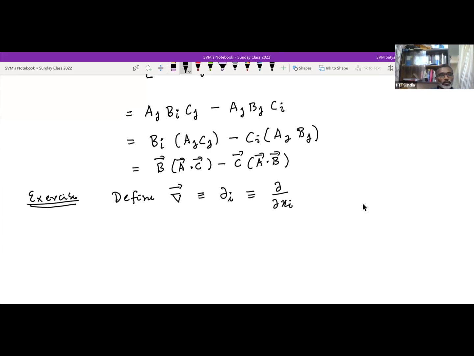Okay, so now show that del cross, del cross a vector A, is equal to gradient of divergence of A minus del square A. Gradient of divergence of A minus del square A. So I will leave this as an exercise for you.